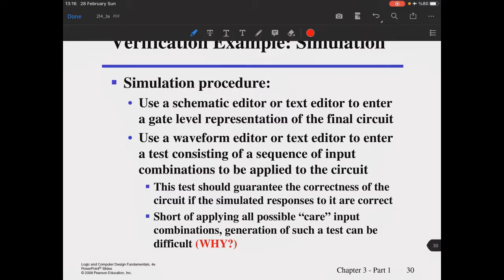However, that test, even if you limit this to all the care input combinations, can be time consuming or a daunting task. Why? Because when the number of your inputs, the size of your input set, gets larger, suppose that you have 100 inputs or let's say 1,000 inputs, the possible input combinations will grow in powers, right?